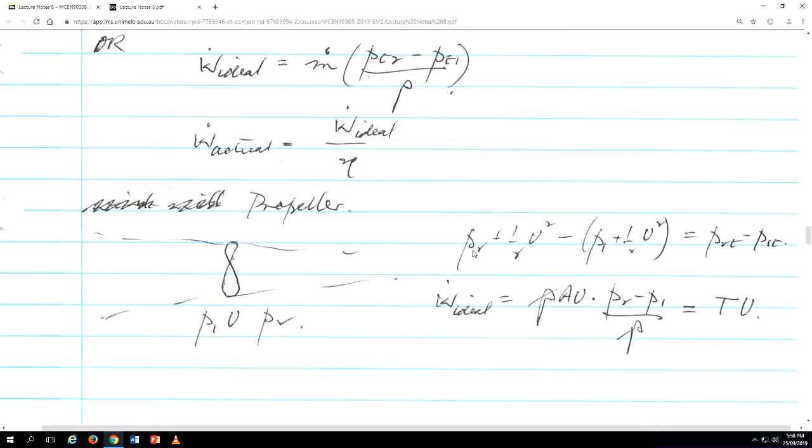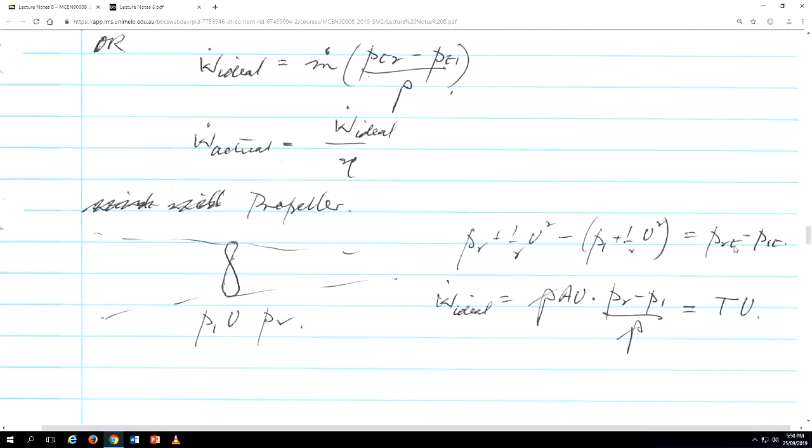So you would like to say that the total pressure here and here, let's work out what they are. The final total pressure, P2T minus P1T, is P2 plus a half U squared, where U is the velocity through the propeller disc, minus P1 plus a half U1 squared, which is just the difference in static pressures through the propeller disc.